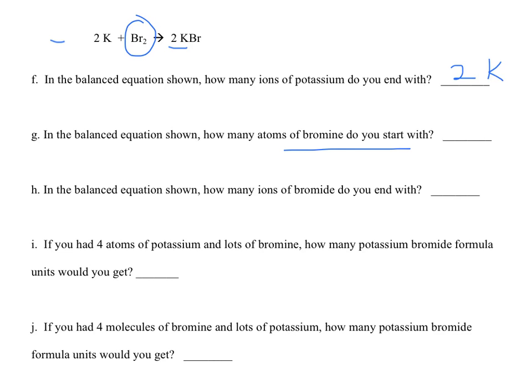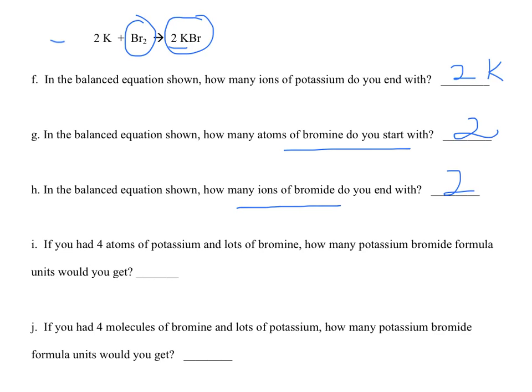That's right here, indicated by the subscript. We know it's 2. How many ions of bromide do you end with? When we're naming, we end the anions with an IDE. And, of course, we have 2, and that's what makes it balanced.